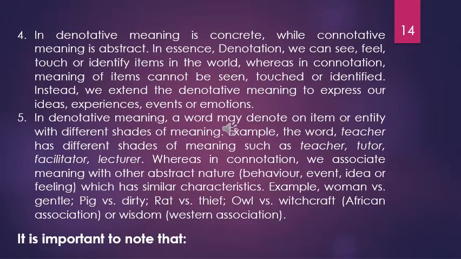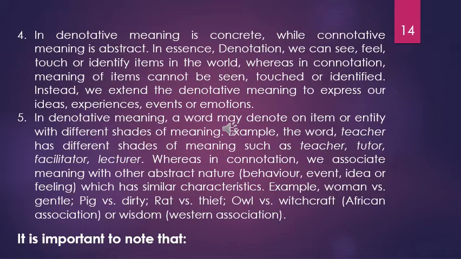Fourth, denotative meaning is concrete, while connotative meaning is abstract. In essence, with denotative meaning we can see, feel, touch, or identify items in the world, whereas in connotative meaning, items cannot be seen, touched, or identified. Instead, we extend the denotative meaning to express our ideas, experiences, events, or emotions.